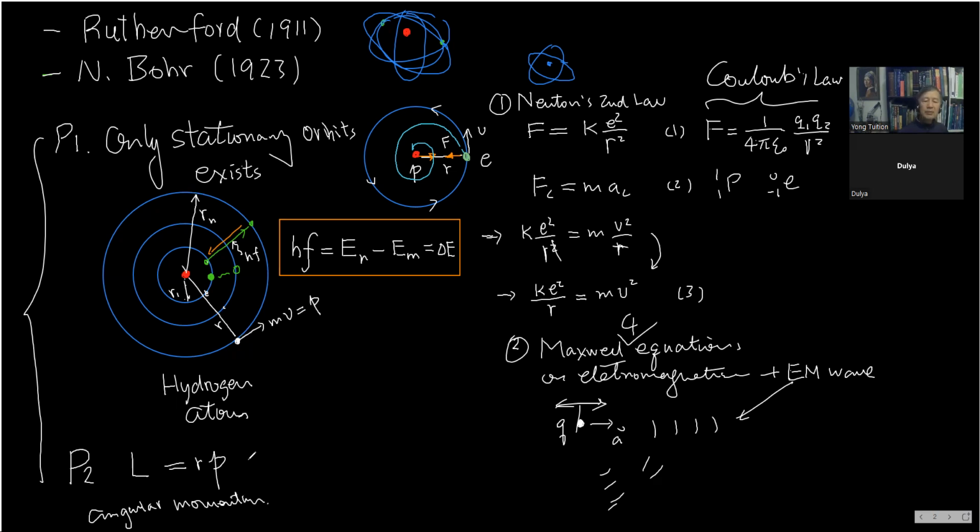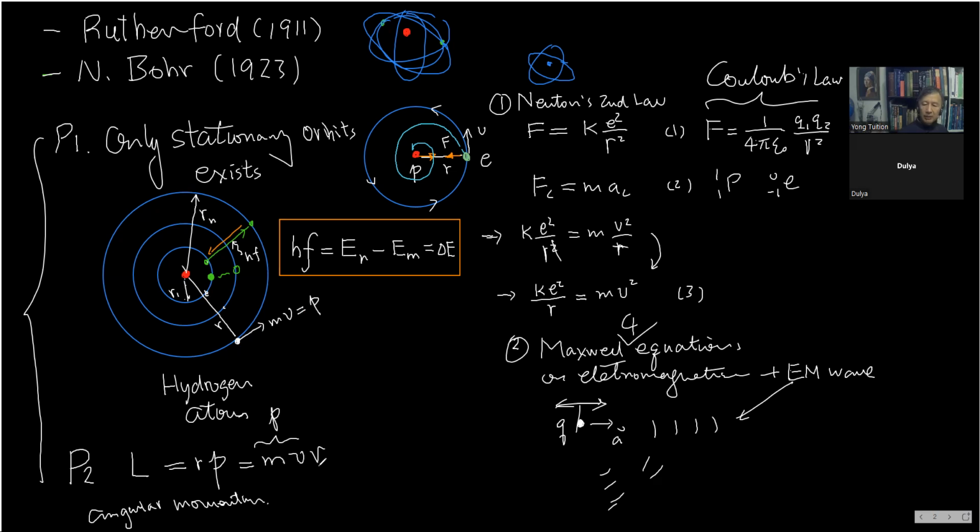He said angular momentum must satisfy a certain condition. If you rewrite this, it can be written as mv multiplied by r, because mv is p.